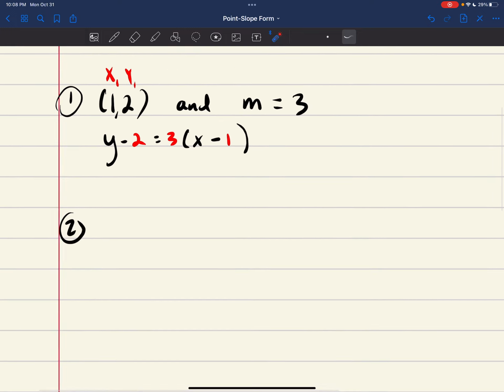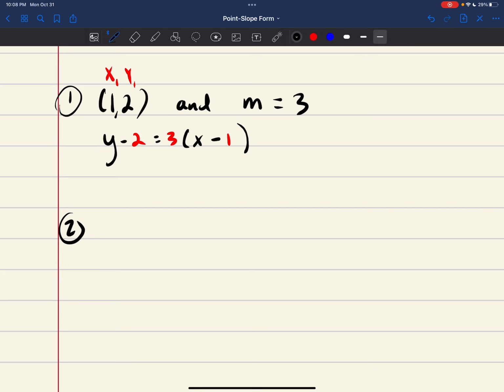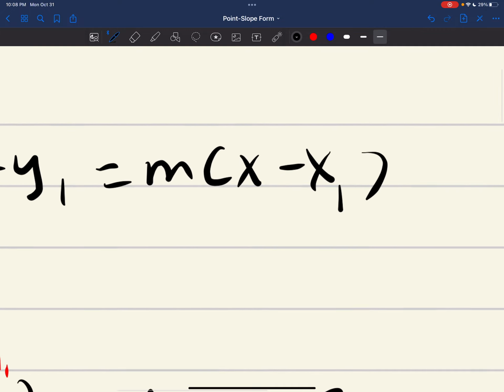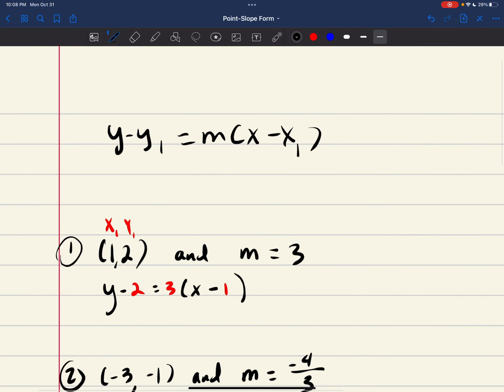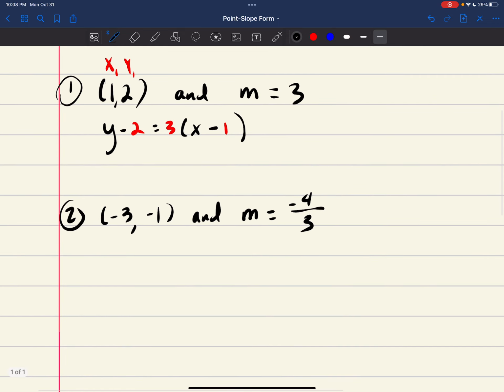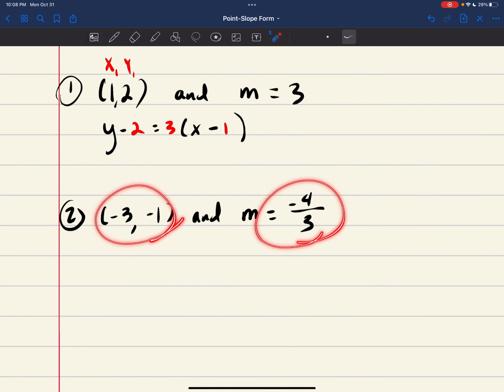Number 2, I have -3 comma -1. And then your slope m is equal to -4/3. Okay, again, I'm going to use this equation because that's point slope, right? And I do have a point and a slope.